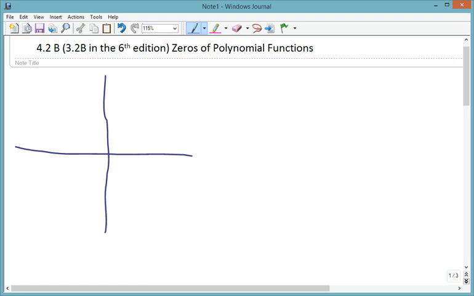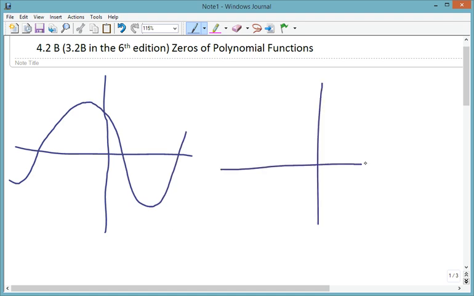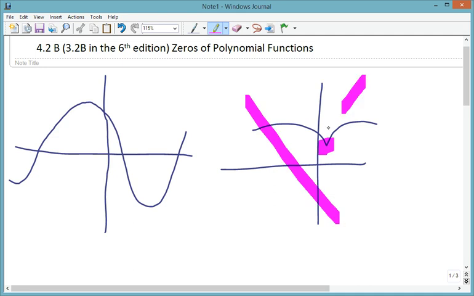The other thing we should know about a polynomial function is that it's a smooth and continuous function. So it might look like this, right? It would not look like this. Okay, there will be no sharp points. So this sharp point right here would mean this is not a polynomial function.